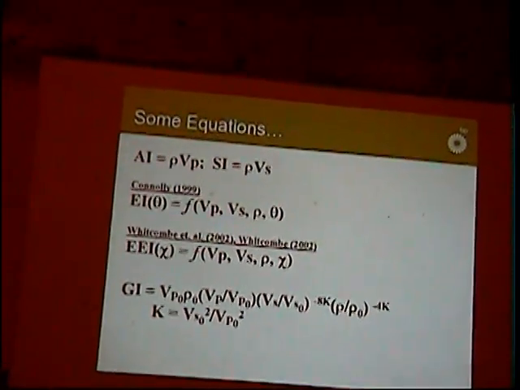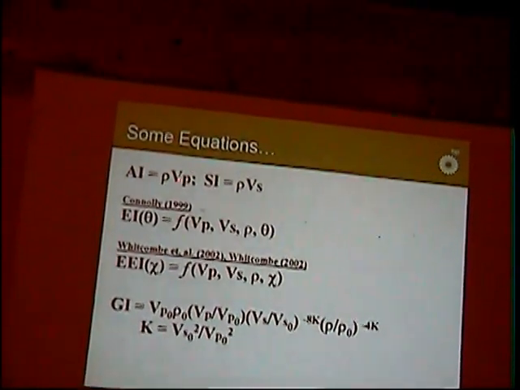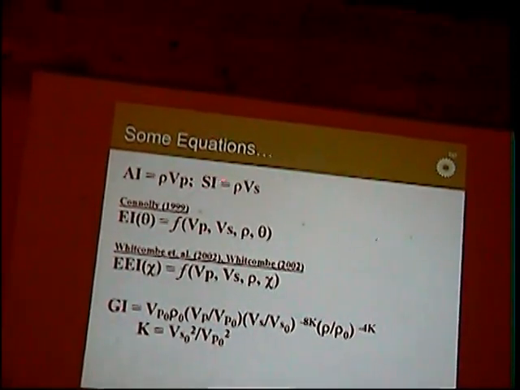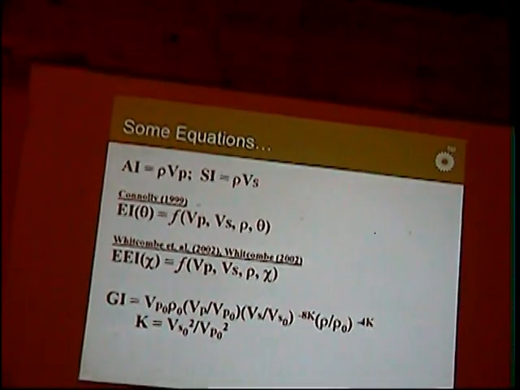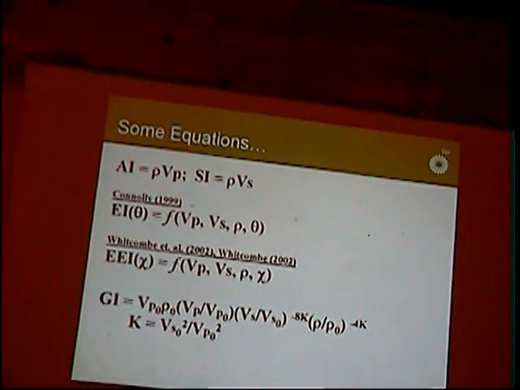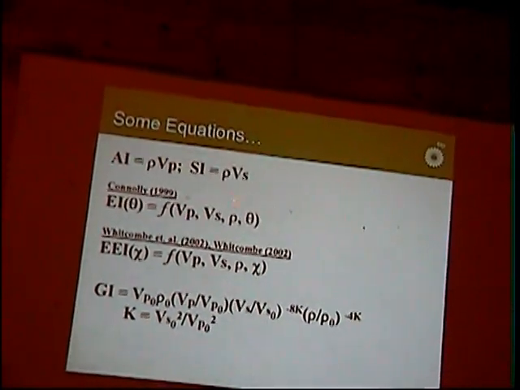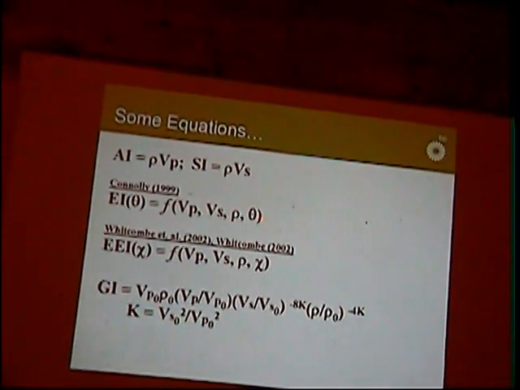And just some equations showing acoustic impedance is the product of the density and the compressional velocity. Shear impedance is the product of the density and the shear velocity. And for the elastic impedance, this is this offset angle. It's just a function of compressional velocity, shear velocity, density, and offset.